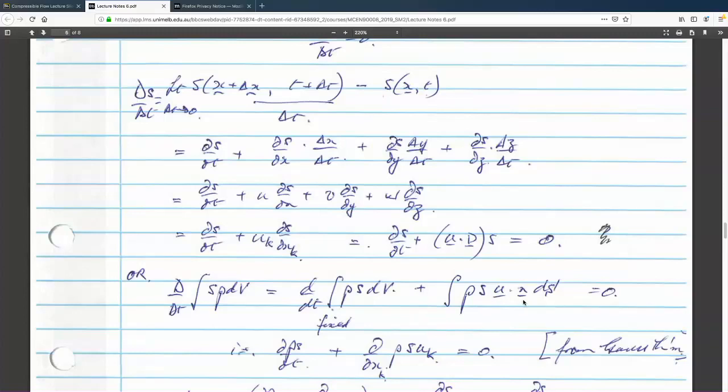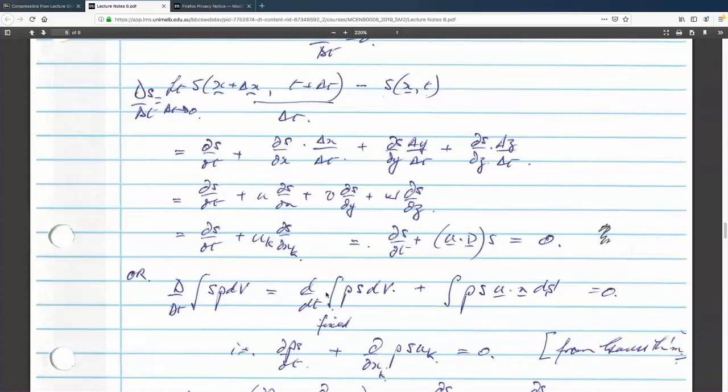All right. So now, this net flux, we're going to use Gauss's theorem for that. And that's going to give us d/dxk of rho s uk. That's the divergence of rho s uk.